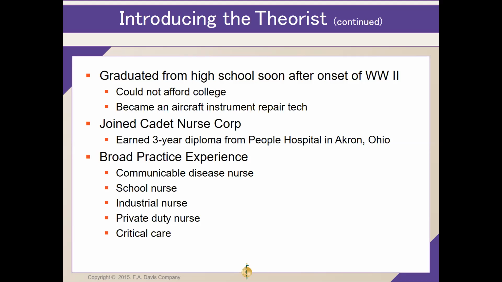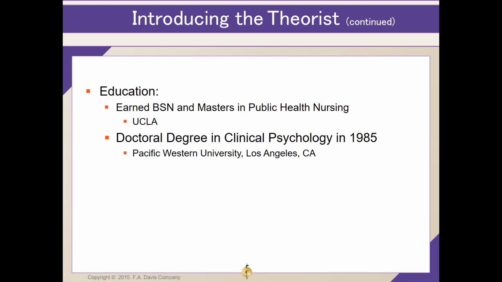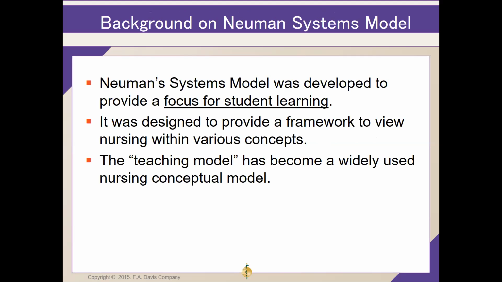However, she had broad experience in the practice of nursing, from communicable disease to critical care, so community to which you'll later see as primary, to tertiary nursing care, and that influenced the development of her theory. She had a BSN and a Master's in Public Health from UCLA, and a doctoral degree in clinical psychology that she earned in 1985.